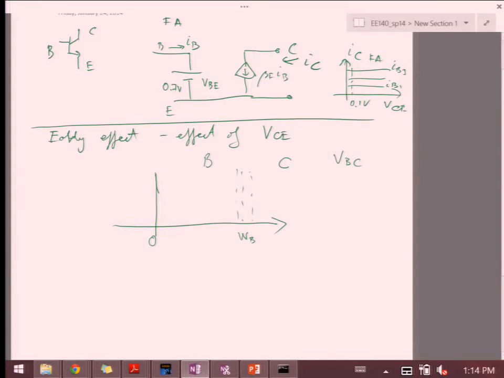Now, if I increase my output voltage, so if I increase the VCE, what happens with this VBC voltage?